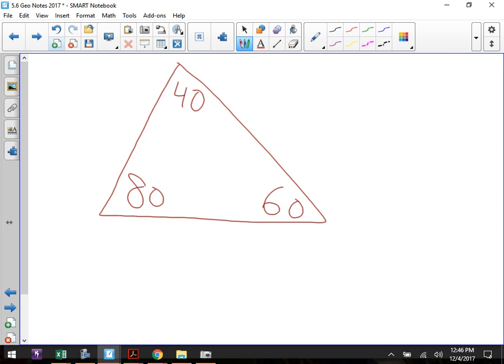So what I'm getting at here is, the larger the angle, what happens to the side length across from it? Doesn't it look like it's getting larger? So if I'm going this way, the angle is getting larger, right?